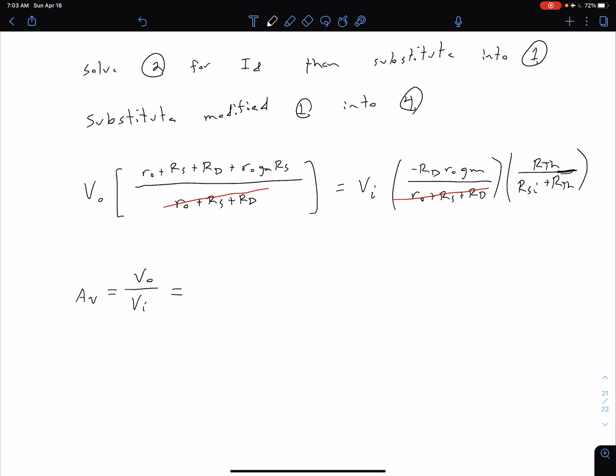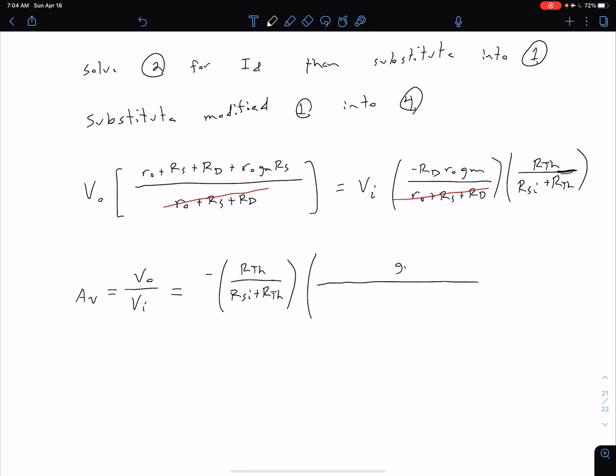And so adjusting this form a little bit to make it more simple to see what happens when our R0 goes to infinity, we can say that this is going to be negative R Thevenin divided by RSI plus R Thevenin. And again, remember R Thevenin is just R1 parallel R2. And here's where I'm sort of adjusting the form a little bit.